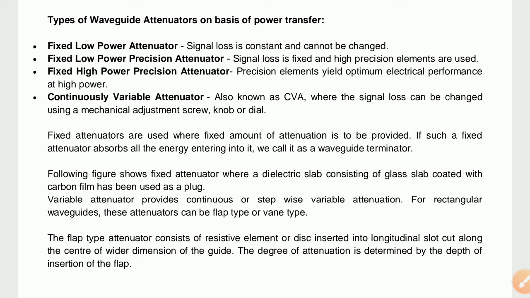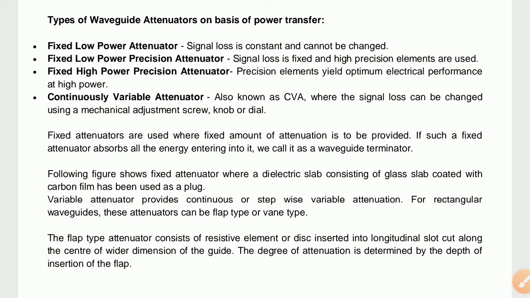So there are some constructional changes in the continuous variable attenuator, that is, we can adjust the reduction in power by providing a mechanical adjustment, which is used to vary the attenuation.